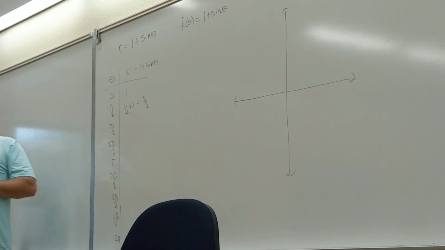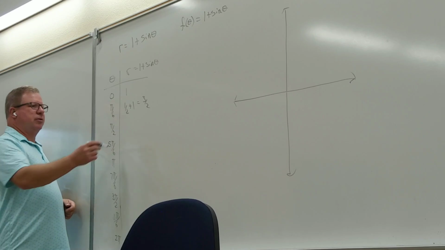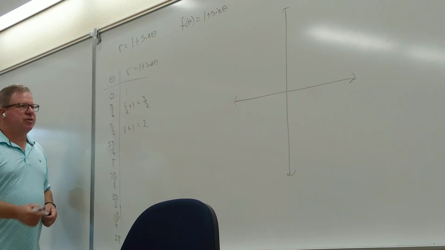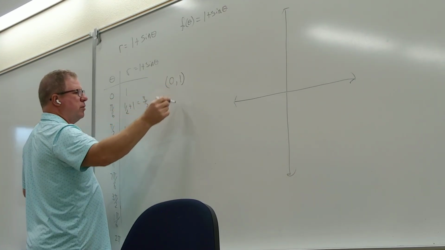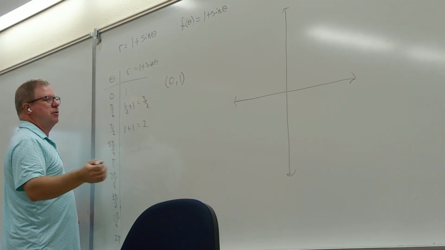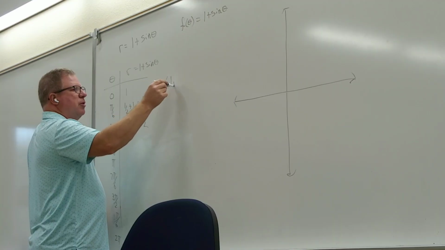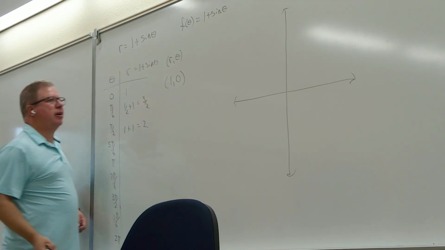Pi over 2. What's sine of pi over 2? 1. So 1 plus 1 is 2. So these are ordered pairs, R theta. R is 0, theta is 1. No, wrong. Theta is 0, R is 1, so 1, 0. They go in the order R theta, okay?